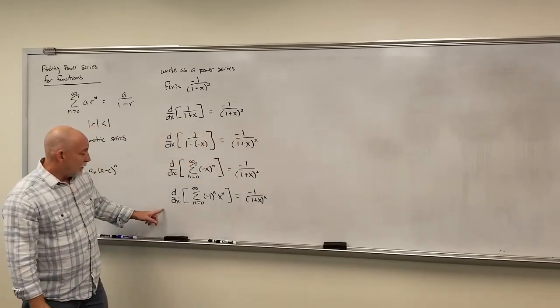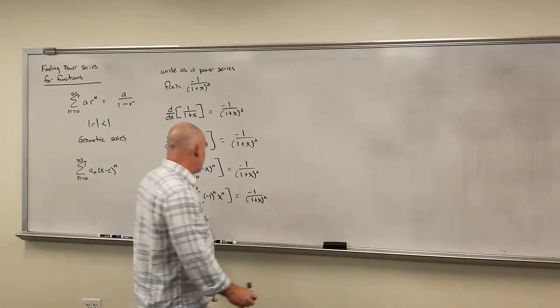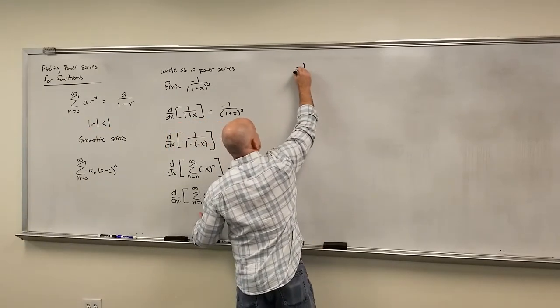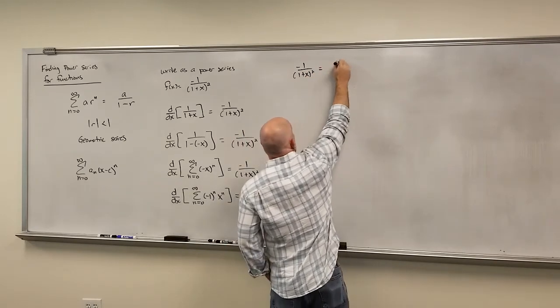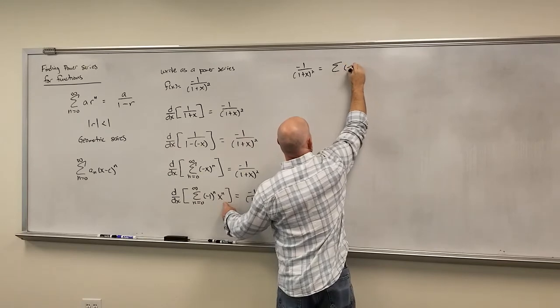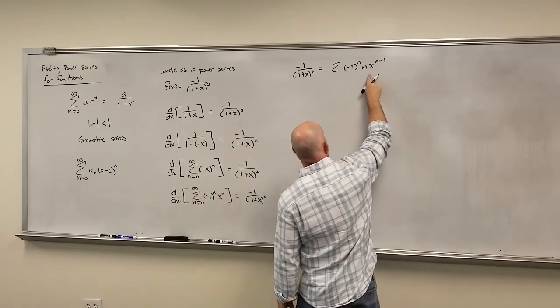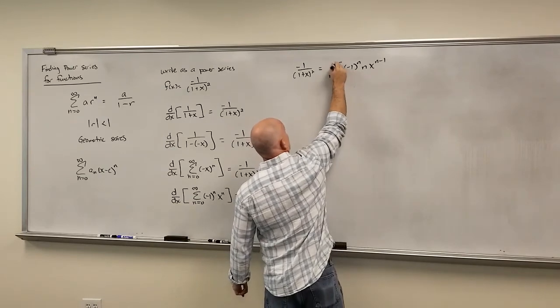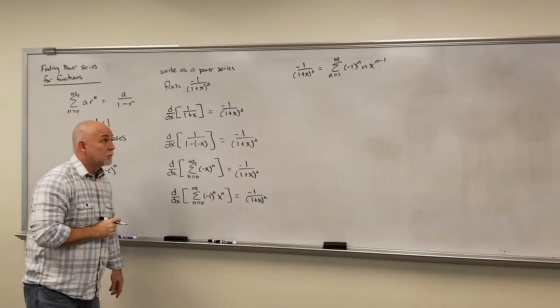Now, notice all I got to do to get that answer is, well, take the derivative of this. And we know that taking the derivative of power series is very easy. I'll just write that on this side. We say that this is going to be the sum. Now, we're just taking the derivative of the x, so I get negative 1 to the n, n x to the n minus 1. Now, this doesn't start at 0 anymore because it doesn't exist at 0, so now that series starts at 1. There you go.